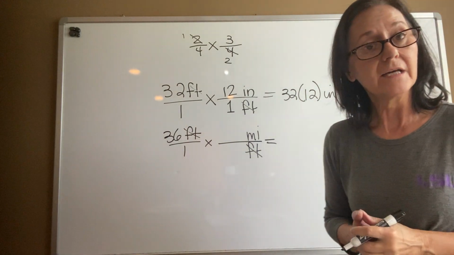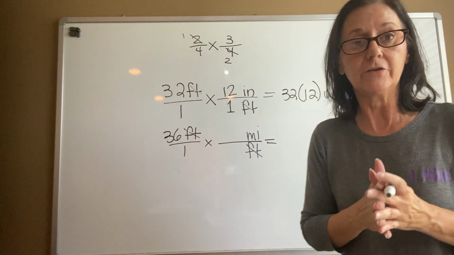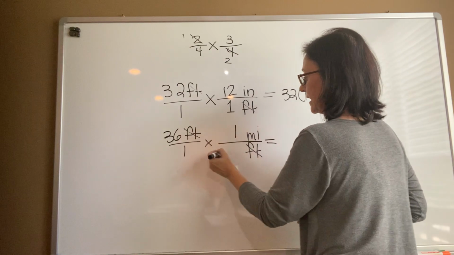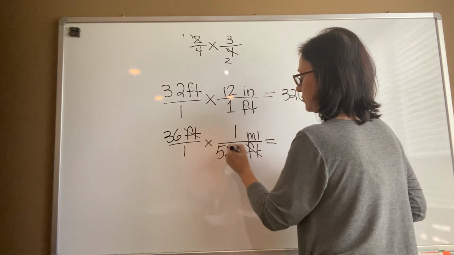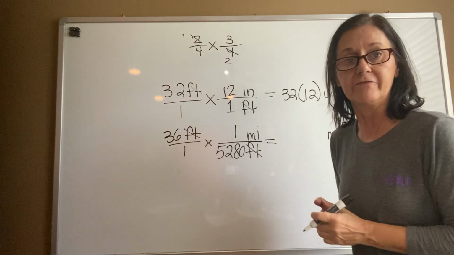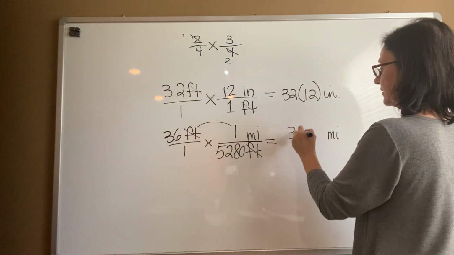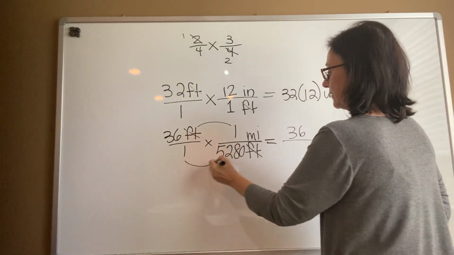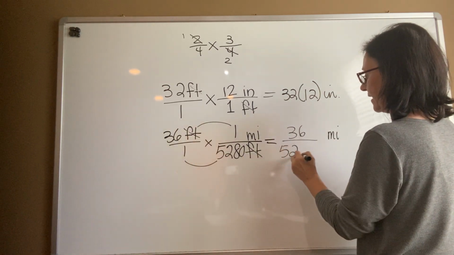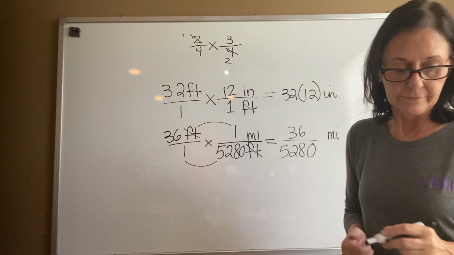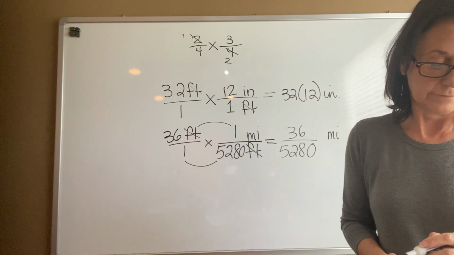All right, well, this is a unit multiplier that you need to know. 1 mile is equal to 5,280 feet. I multiply numerator times numerator, that's 36. Denominator times denominator, 5,280.